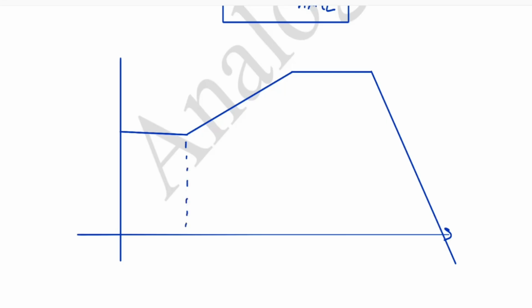So the final Bode diagram will be this. This was our magnitude varying across the frequency range, and these were our locations.